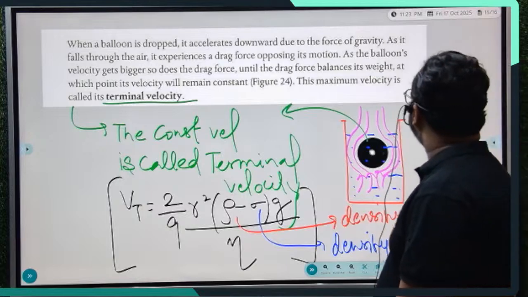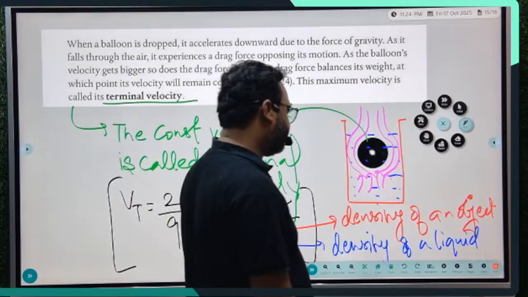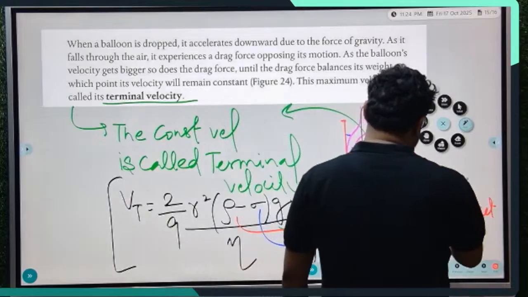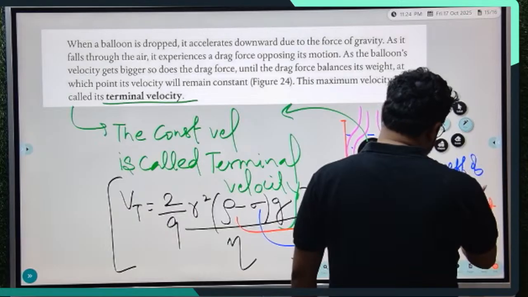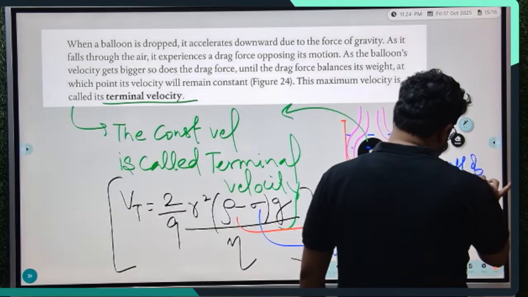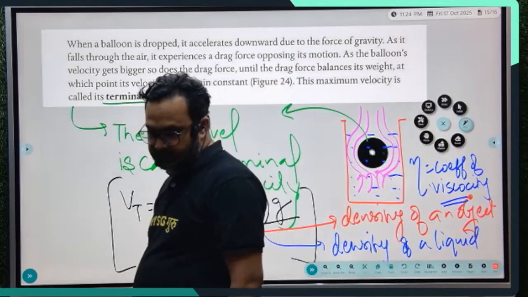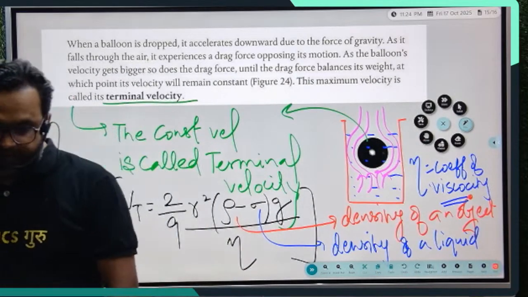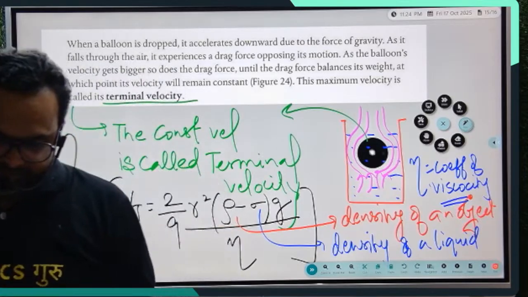G is gravity. Neta is the coefficient of viscosity. Please make a note of it.